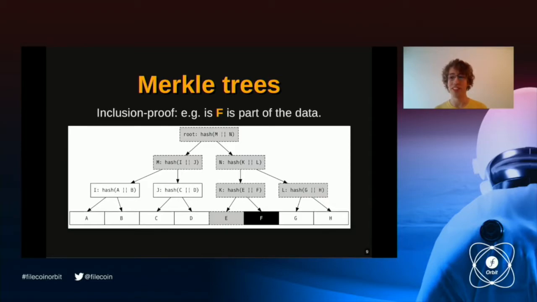So what you want to do instead is that you only transmit a proof, a Merkle proof. And here you can see in the light gray boxes that this is what you would need to transmit. It's only a subset of the tree. And what it actually is, is the parents of the F in this example and the siblings. And with all this information, you can then verify that F is really part of the data.